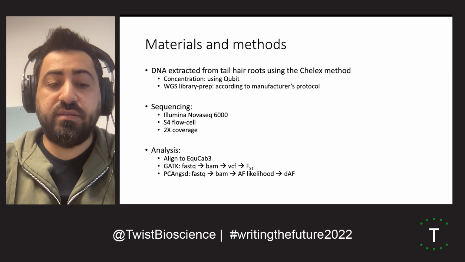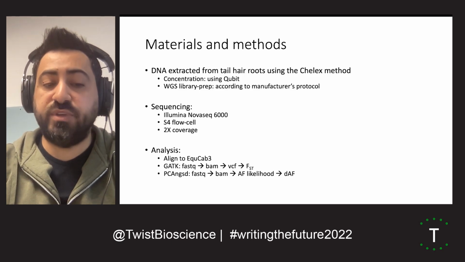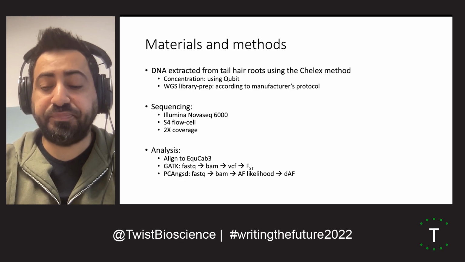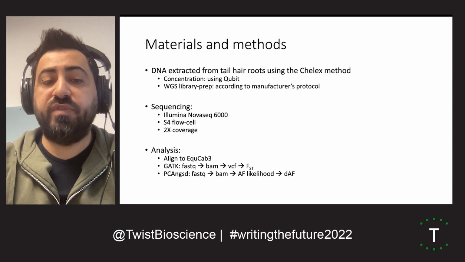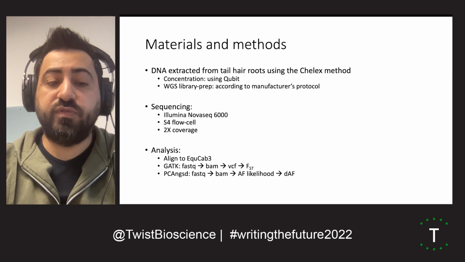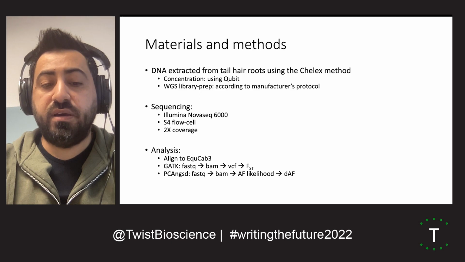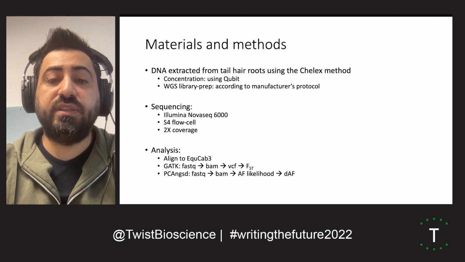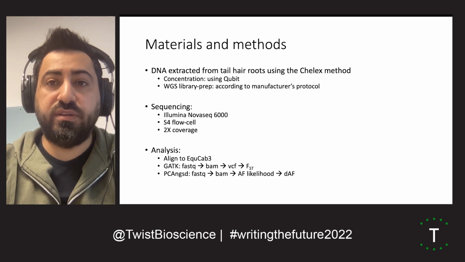So what I did is that I used the final BAM files, the analysis ready BAM files from the GATK, but then instead of making the VCF file, I used those BAM files as an input for this software, which is called PCAngsd. And then I calculated the allele frequency likelihood, and for my two opposing phenotypic groups, I calculated the delta allele frequency. And delta allele frequency is usually highly correlated with FST.